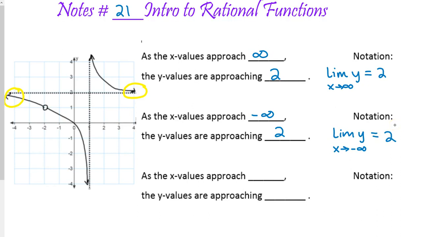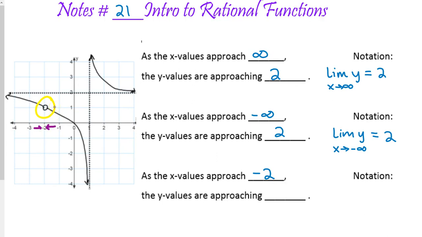Next, let's look at what happens as the x values approach negative 2. So we're looking at, let me get rid of that one and that one. We're looking at right here. As x gets closer to negative 2, from the left and from the right, the y values are getting really close to 1.